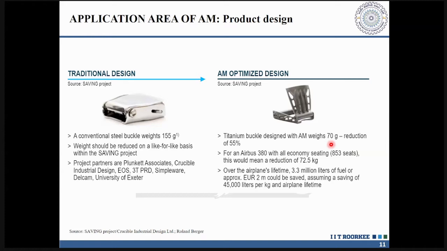This weight is very much when you look at an aeroplane, and this reduction resulted in a saving of 2 million euros in a year, resulting in a saving of 45,000 liters per kg. So with this amount of reduction, no doubt they are investing at present in additive manufacturing in titanium.